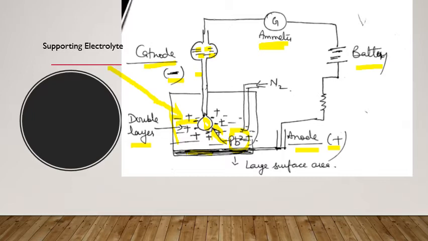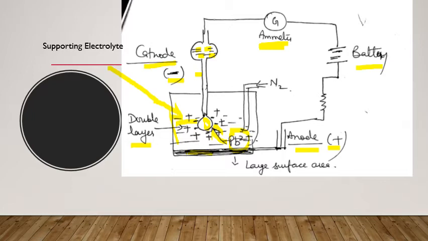The current which is generated depends on how much amount of the lead is there, and that amount of current is produced with time. Understood? So that's the main thing here.